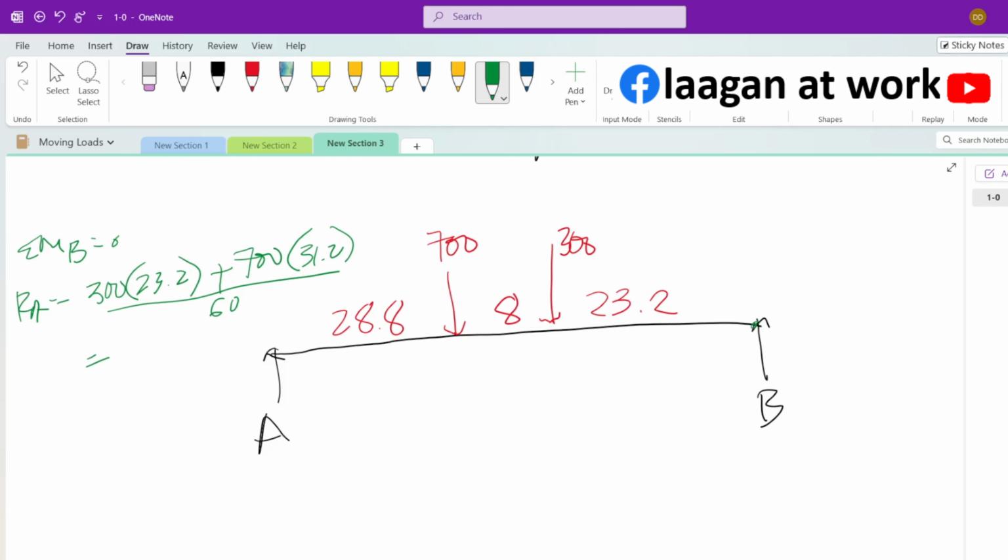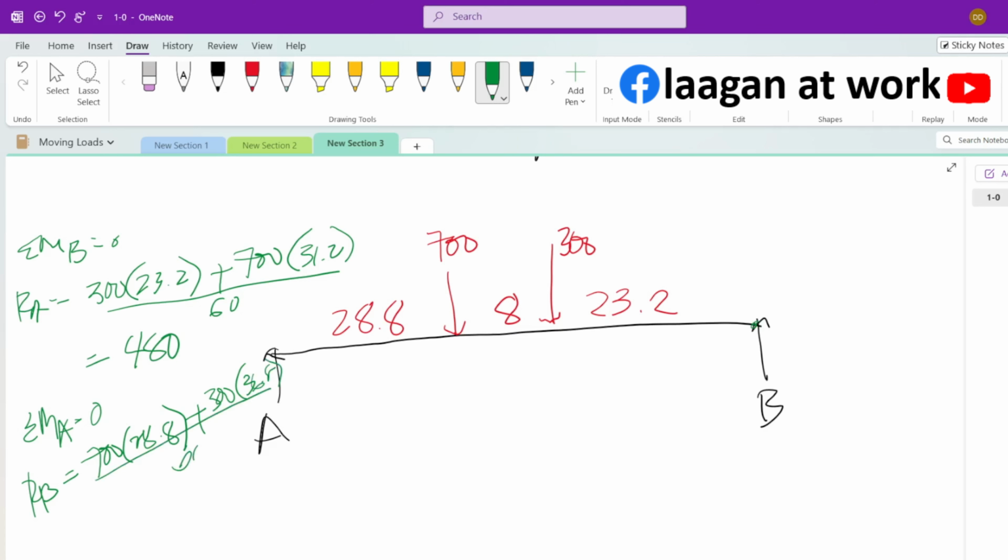This is 480 kilonewton. Now, reaction at B, summation of moments at A is equal to 0. Therefore, RB is equal to 700 times 28.8 plus 300 times 28.8 plus 8, which is 36.8.